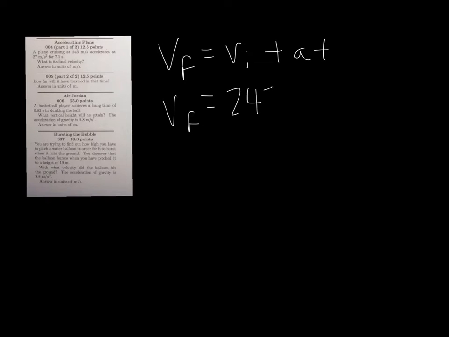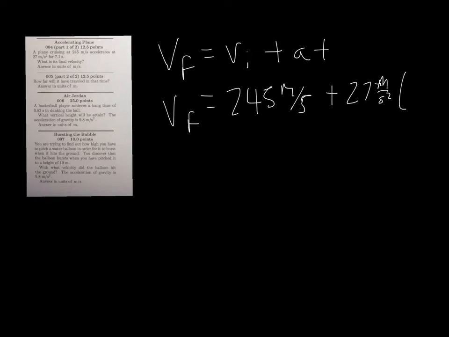In this case, because you have time, you're going to use Vf is equal to Vi plus at. In this case, your final velocity is what you're solving for. You had an initial velocity of 245 meters per second, and we're going to add to that, it accelerated 27 meters per second squared.